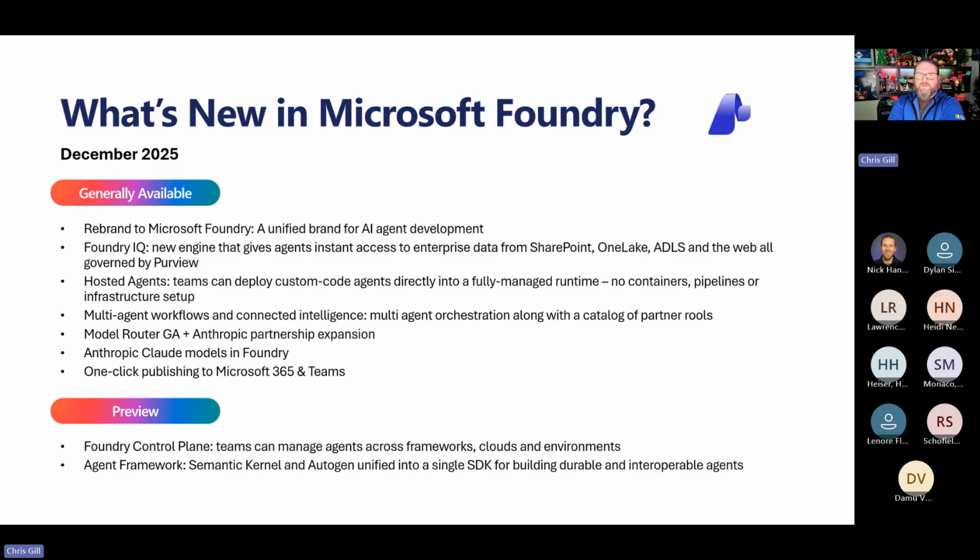I will tell you, when I first started working with a bunch of this in 2019, it was incredibly difficult to get a Power Virtual Agent hooked up and authenticated and published into another environment, even Microsoft 365 or Teams. You had to go and set up an enterprise application.